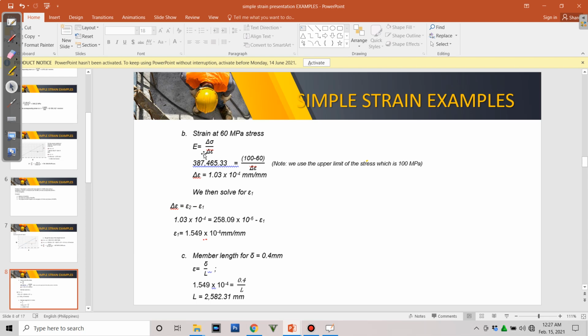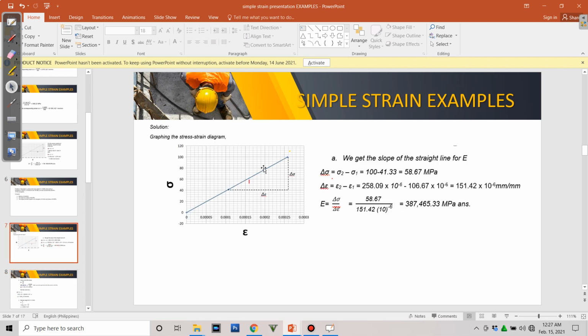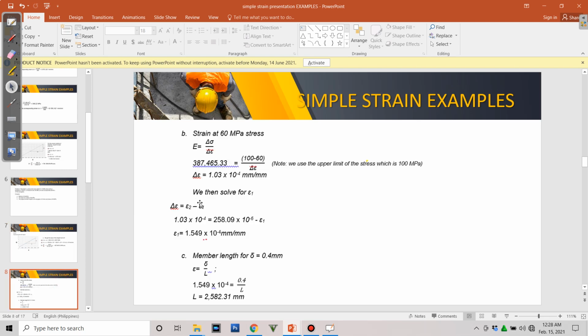Here, as we can see, E was already derived, and E is actually the slope of the straight line. So we have a constant slope. It is not changing. Therefore, we will adopt the same slope to compute for the strain of the 60 megapascal stress.